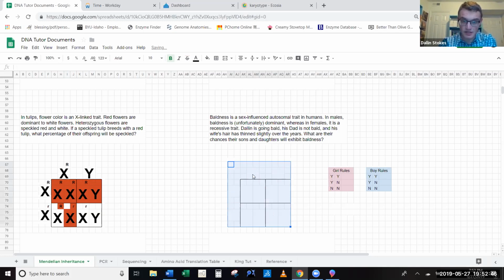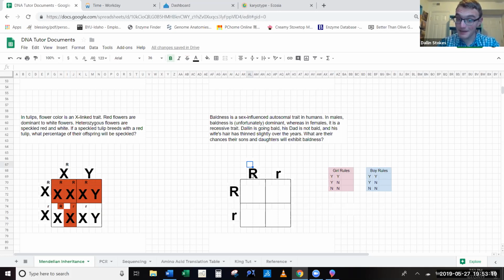Would I do it this way? Big R, little r, big R, little r. I guarantee you someone's going to go about it this way. And this is going to blow your mind and trip you up, because for a male, big R means bald.